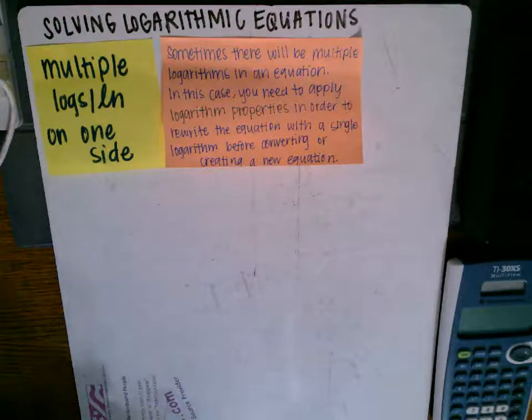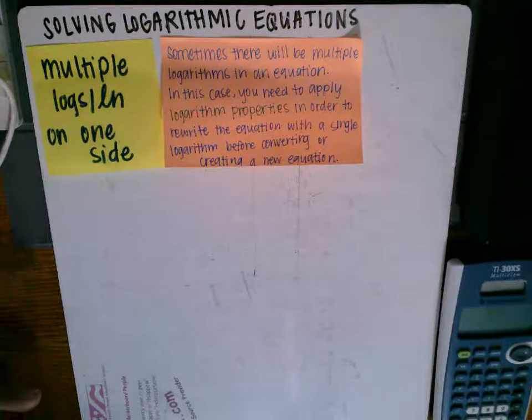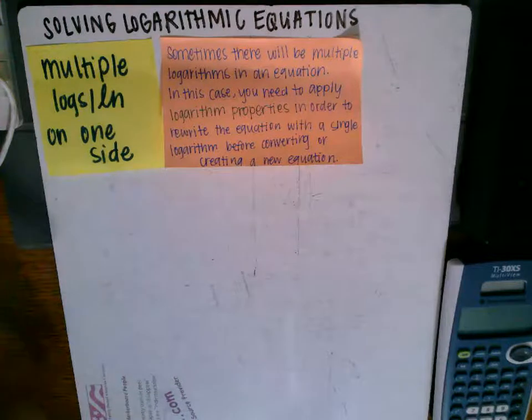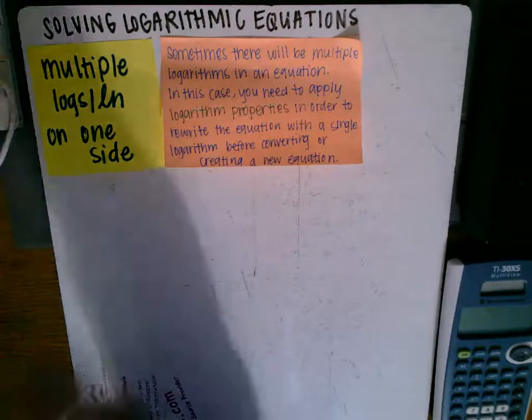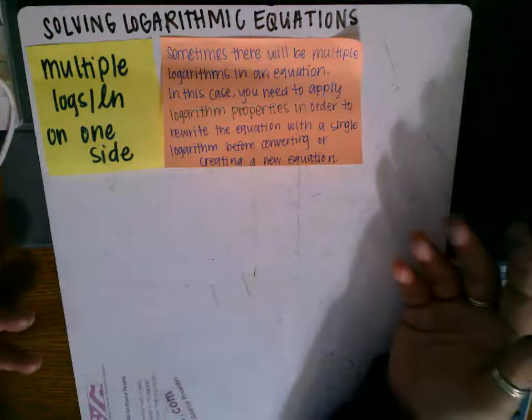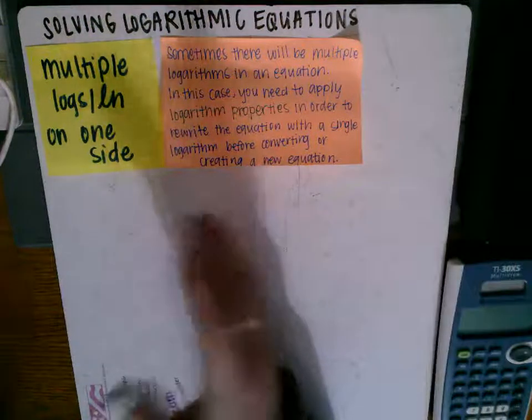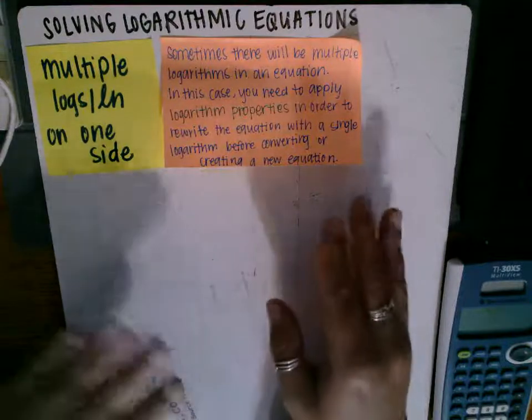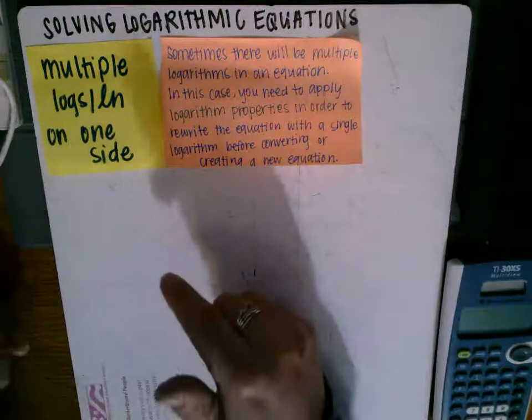In this case, if there are multiple logarithms in an equation, you're going to need to apply the logarithm properties in order to rewrite the equation with a single logarithm. And then you're going to have two possible situations. If there's a bunch of logs on the left and a single log on the right, you will end up condensing the left to be a log equal to a log, where you're going to create a new equation like in part 2.